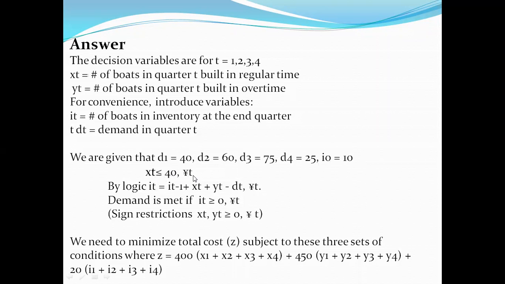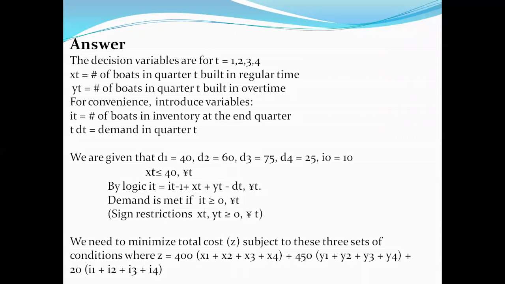But what about the buy strategy? By the logic that we have, the inventory at time t, equating 40, will be increased when overtime is considered. Let It equal It minus 1 plus xt plus yt minus dt.